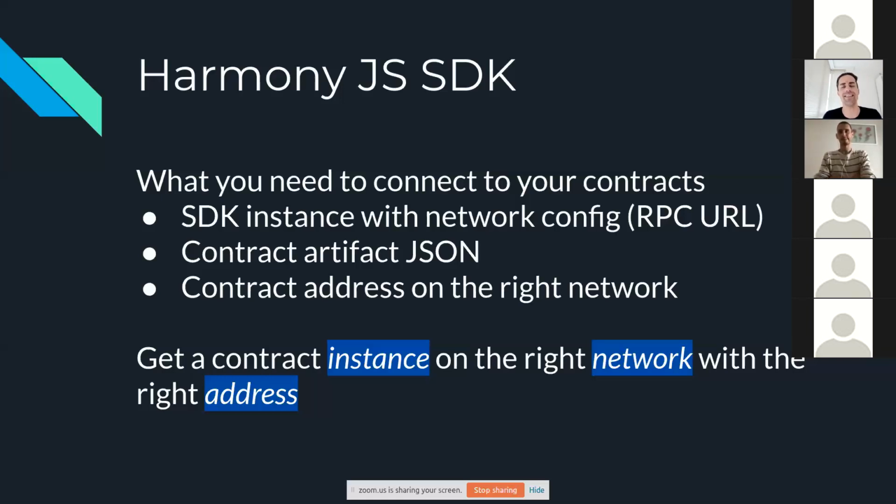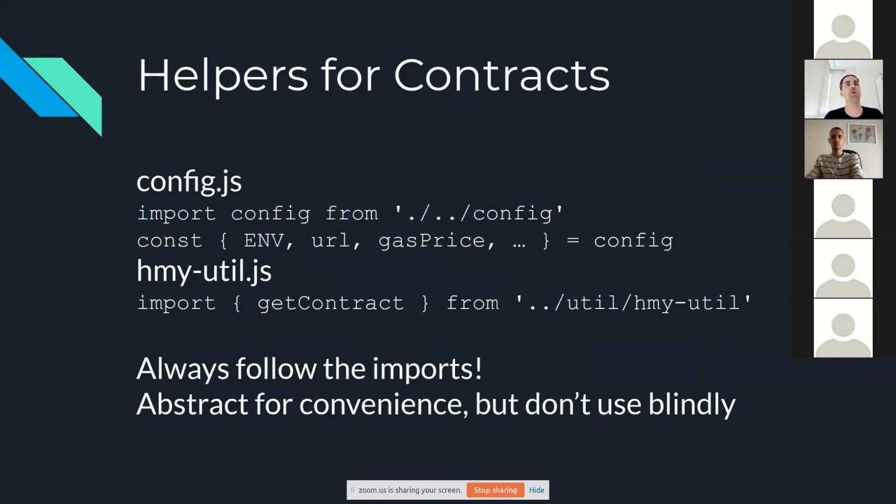And you're also going to need to know which address your contract is. Again, you can be on the right network, but you can have the wrong smart contract address, and that's not fun.